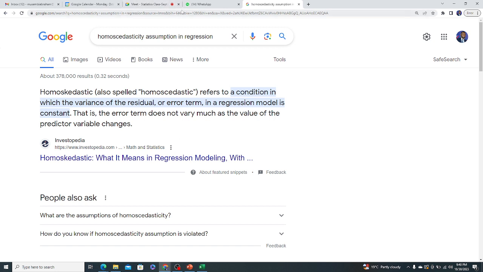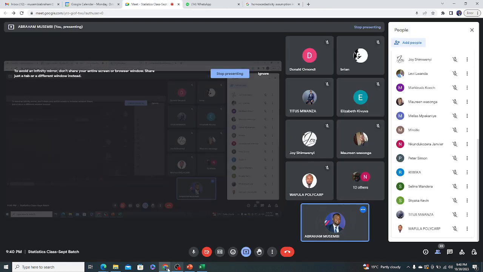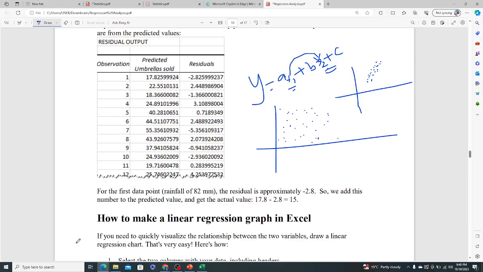So if we were to say the line of best fit will be through these values, you can see there is no that much clear difference between the data points and the regression line.